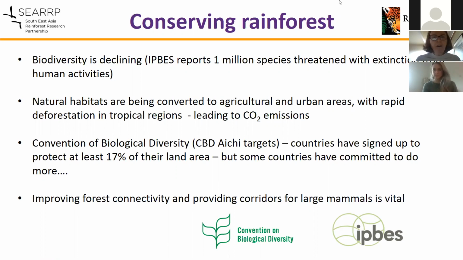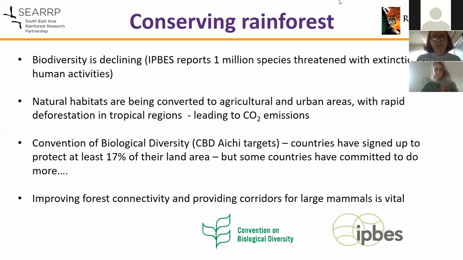So the Convention on Biological Diversity, which all countries in the world have signed up to, has targets, called the Aichi targets, to achieve over this past decade, to be completed by this year, 2020. And all countries have signed up to protect at least 17% of their land area. But some countries are doing even more than that, including Malaysia, where we'll be talking about today.